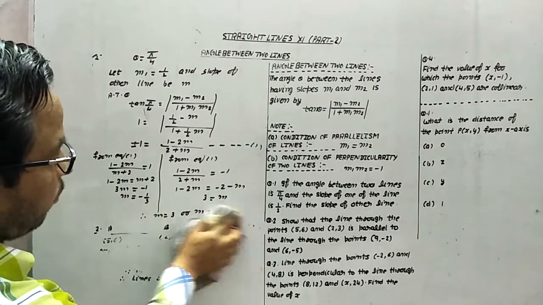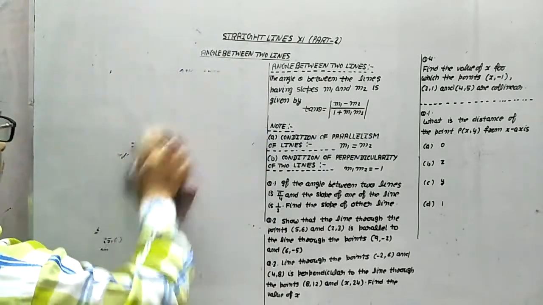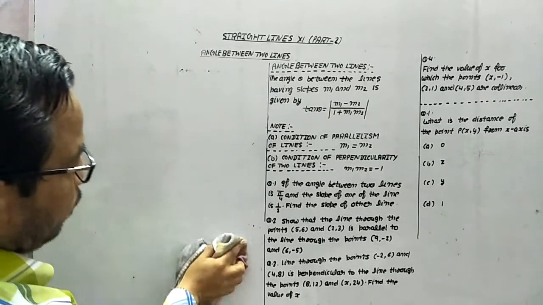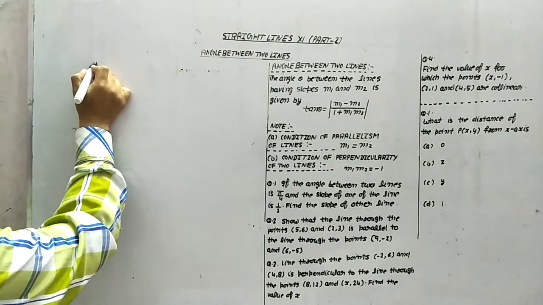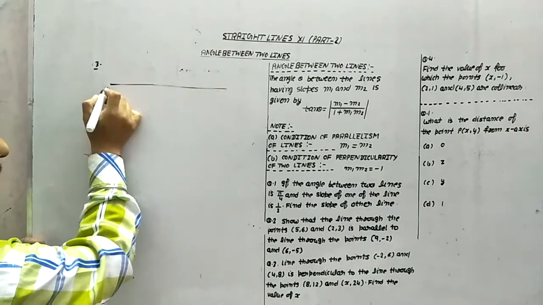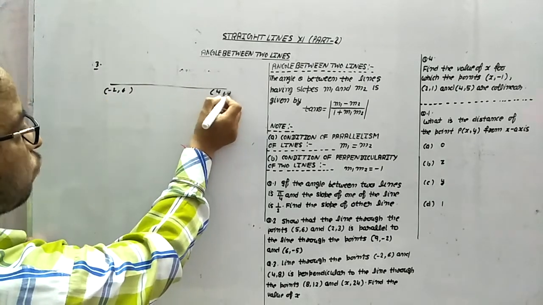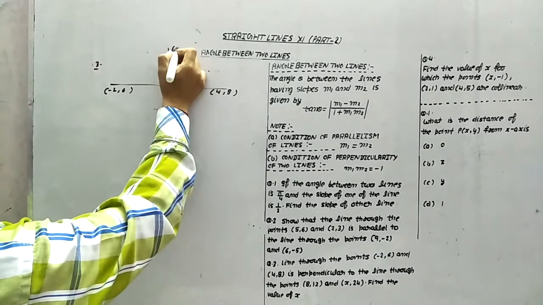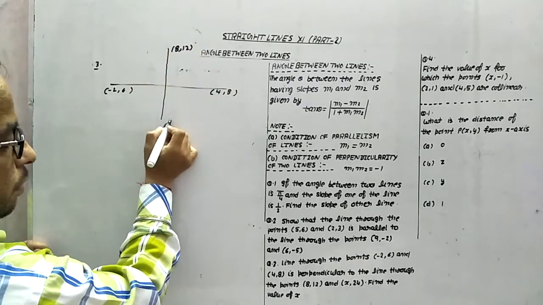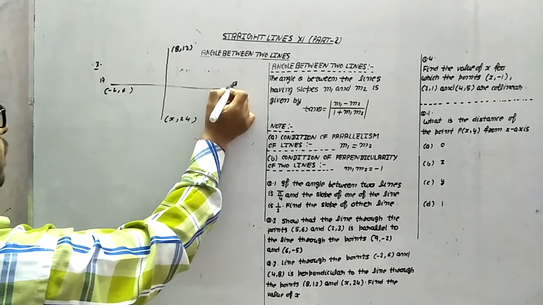Now another thing we have to observe, in question number 3, they are asking: the line through these points is perpendicular to the line through these points. Find the value of x. So in question number 3 we have one line from the point minus 2, 6 to 4, 8, and another line which is perpendicular to this from the points 8, 12 and x, 24. Let us suppose this is AB and this is CD.